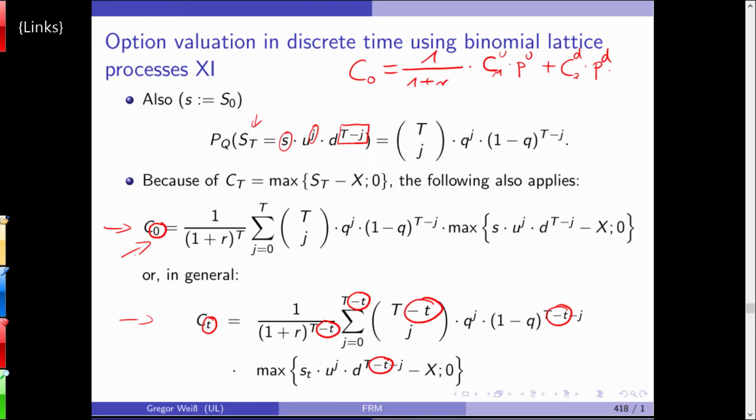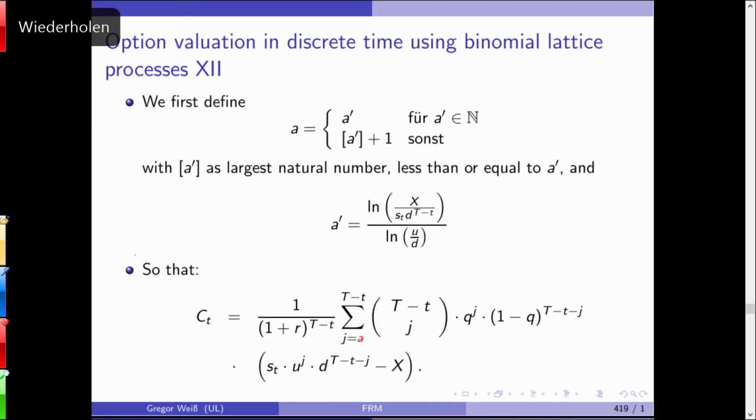Next, we first define A as the largest natural number less than or equal to A dash, with A dash being the logarithm of x over S_t times d to the power T minus t, over the logarithm of u over d.